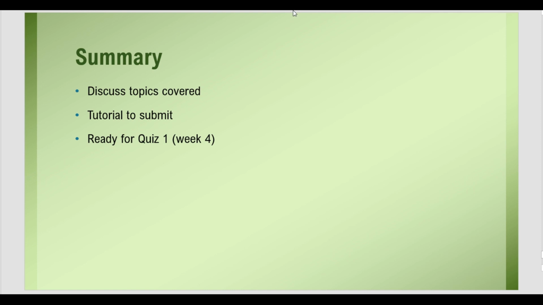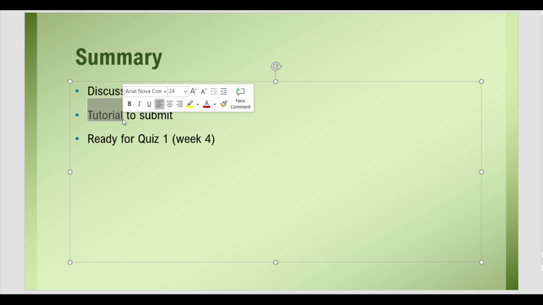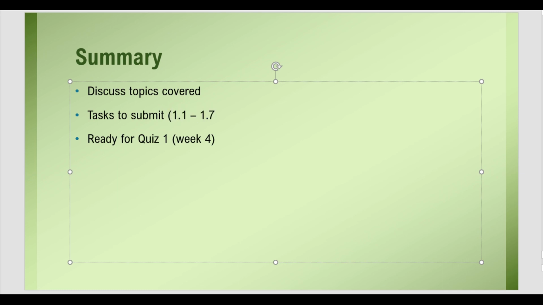Okay. Number 2, tutorial. If you have completed your individual assignment, you can now do the tutorial or task number 1.1 until 1.7. These can be done now, and be ready for quiz number 1.